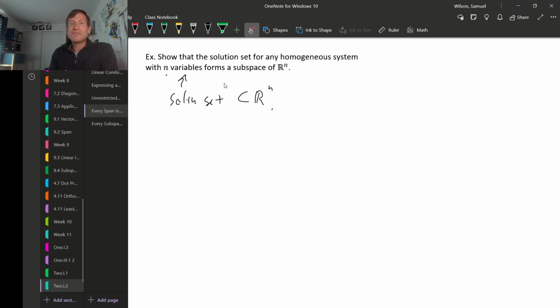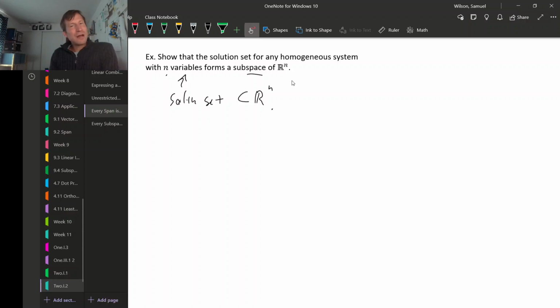Since we have n variables, every vector in the solution set will give values to each of the n variables, and that means each element in the solution set is a vector with n entries, and so that's why it's in Rn. But why does it form a subspace?